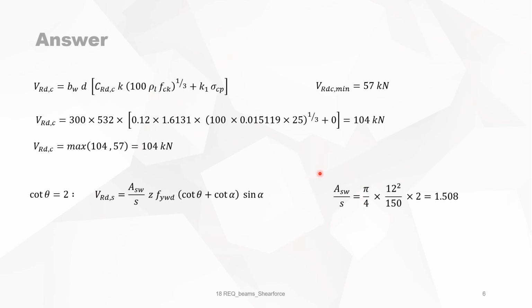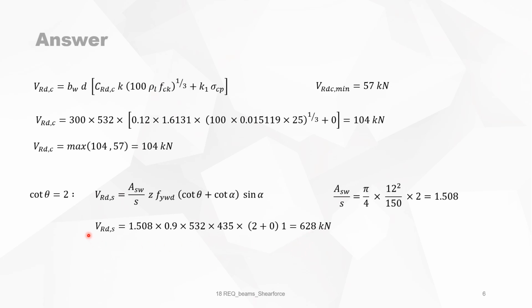The stirrups term is the area of the two legs of the stirrups divided by the center to center distance, which is 150 millimeters, and gives you 1.508.